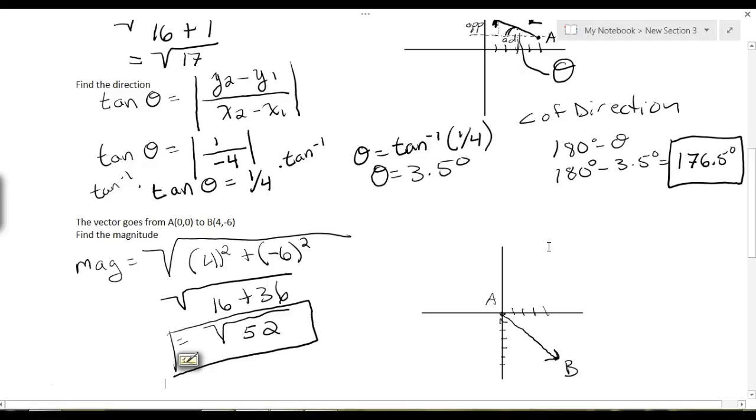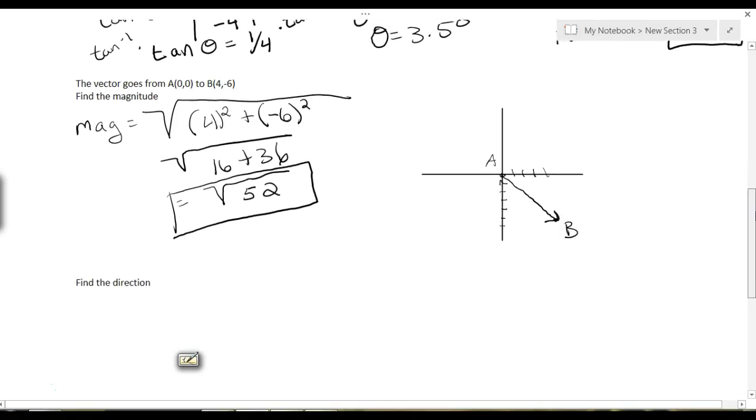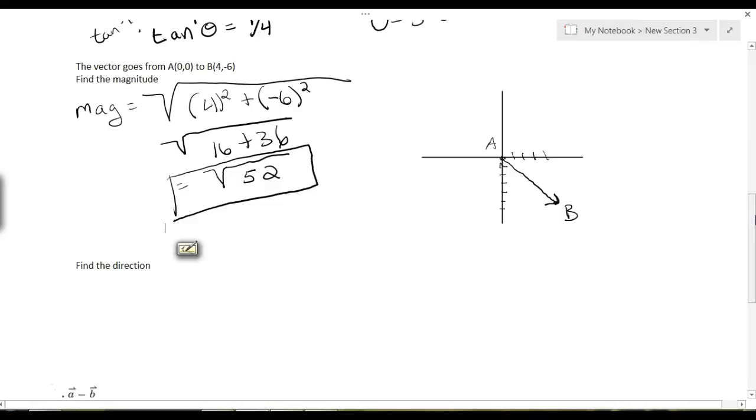Let's go ahead and scroll down, and we're going to find our direction. So let's look at our graph. Ultimately, the angle we're looking for is this whole big angle right here. But the angle that's going to be easiest for us to find is this angle right here. So I'm going to call this my angle theta.